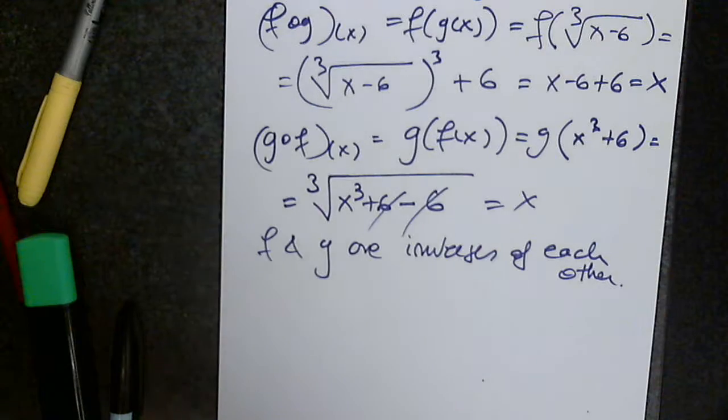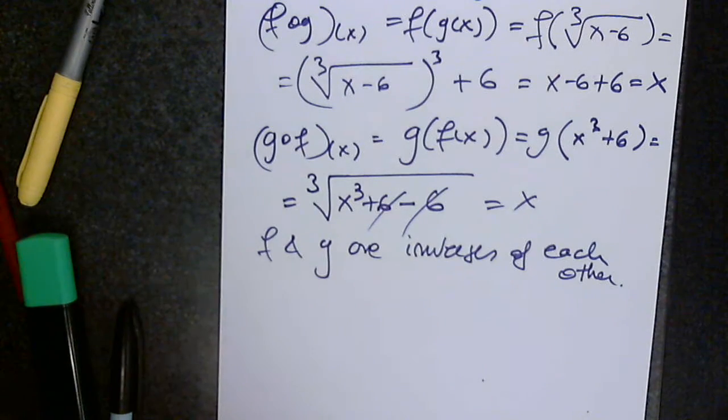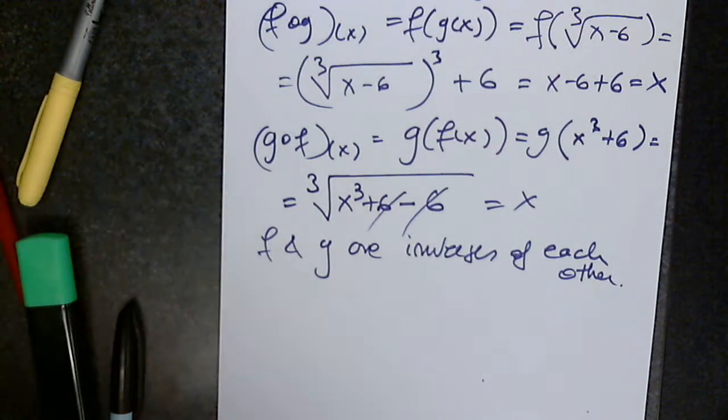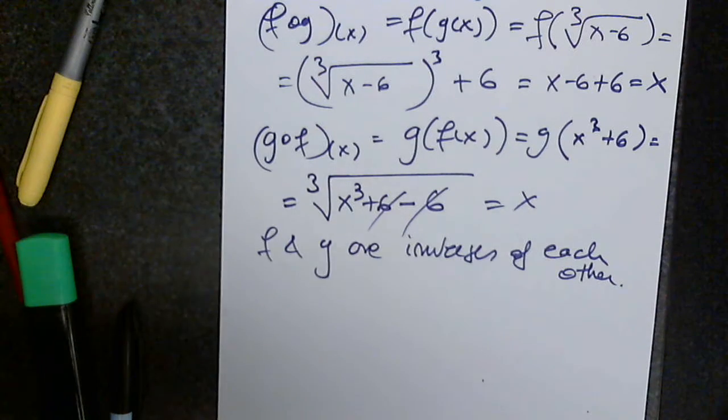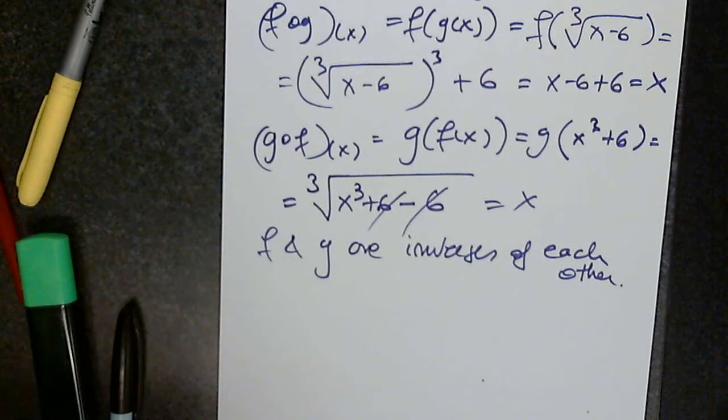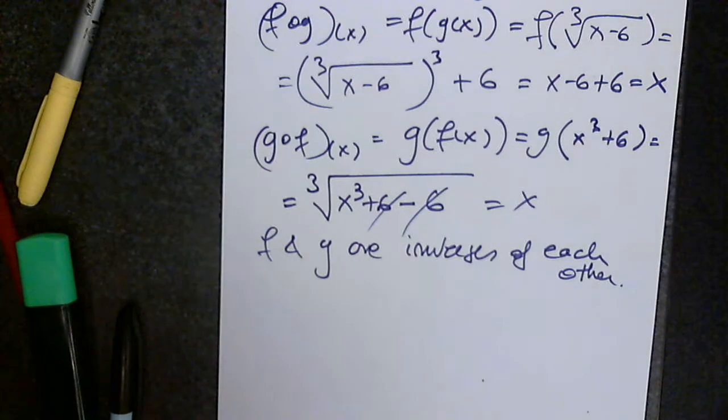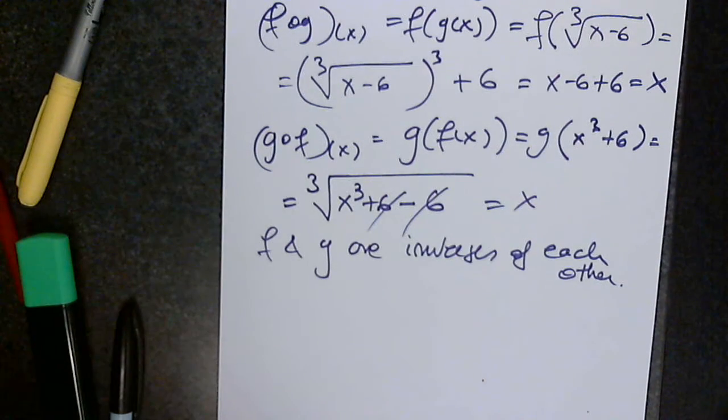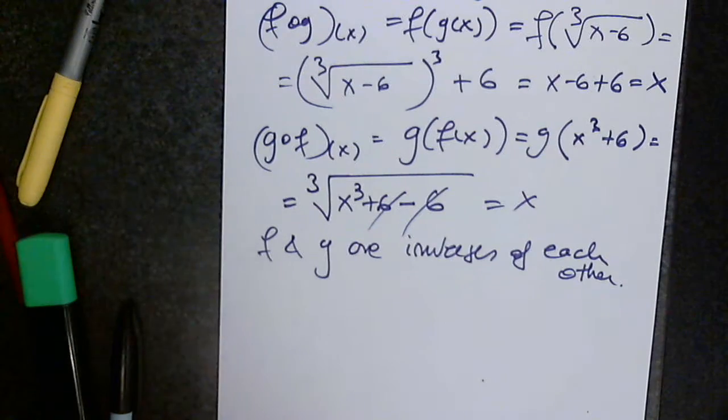I know how to find the inverse function of a one-to-one function with a 4-step procedure. And I also know that when I graph the function and its inverse on the same Cartesian system or coordinate system, the graphs will be symmetric with respect to the line y equals x. I also know that two functions are inverses of each other if they cancel their effect. One cancels the effect of the other on x.